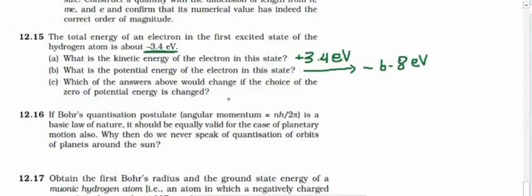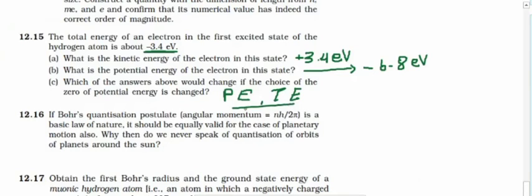is changed? Okay, potential energy depends on the reference point, you know. For gravitational potential and all, we took the reference point at infinity. Otherwise, if we have potential energy mgh, the h is measured from a reference height. So according to the reference, you can see potential energy will change. And when the potential energy changes, total energy changes.